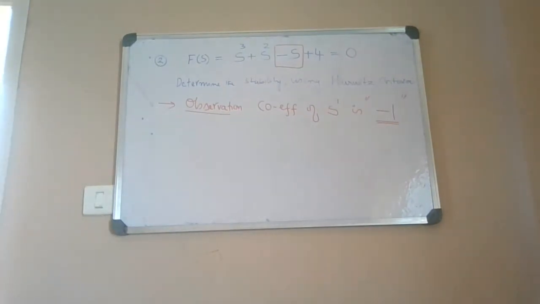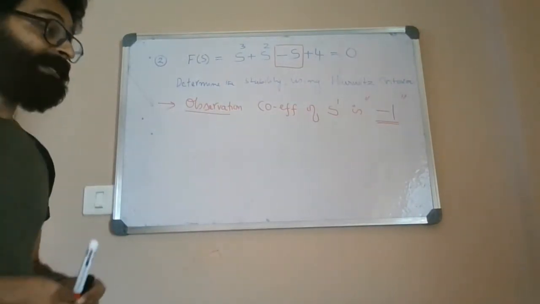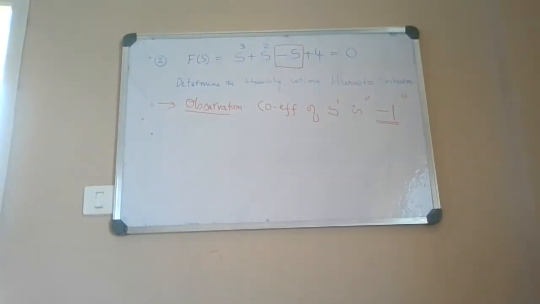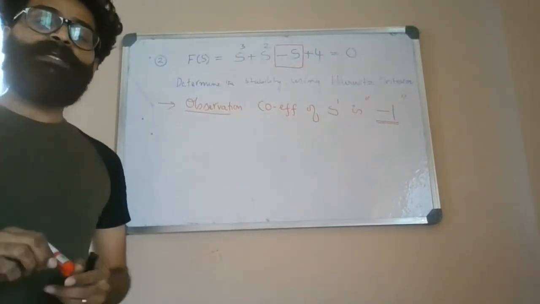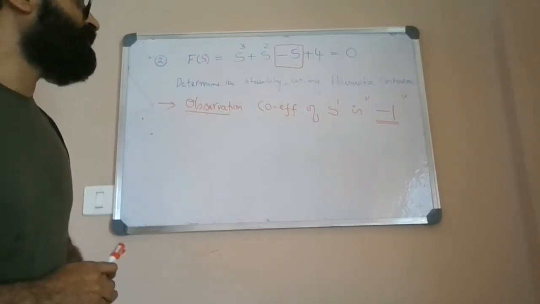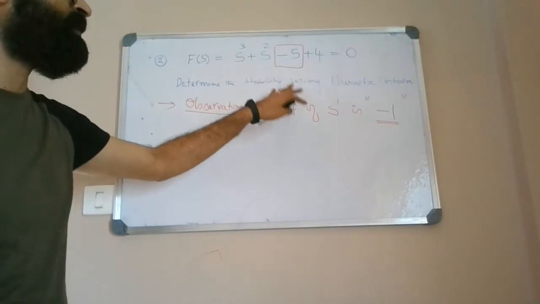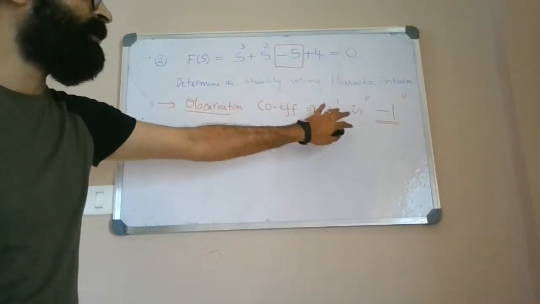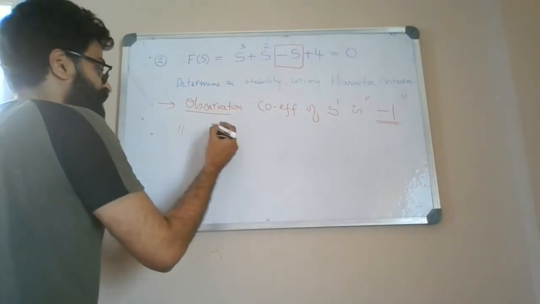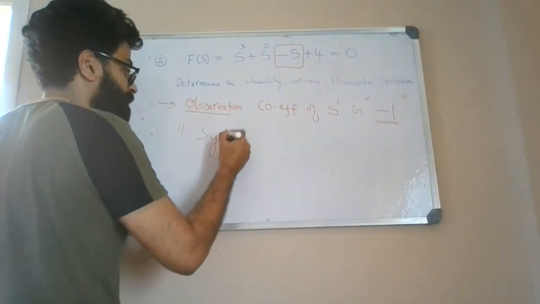As per the stability requirement, the coefficient of s term shouldn't be negative. But in the given characteristic equation, you have obtained the coefficient of s to the power 1 as negative. Hence, you can directly say that the system is unstable.